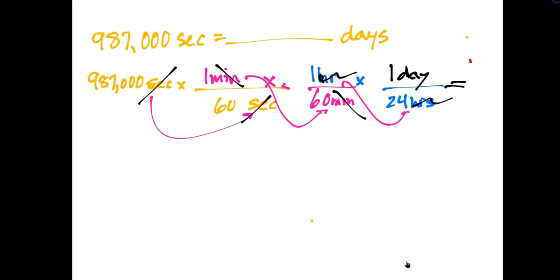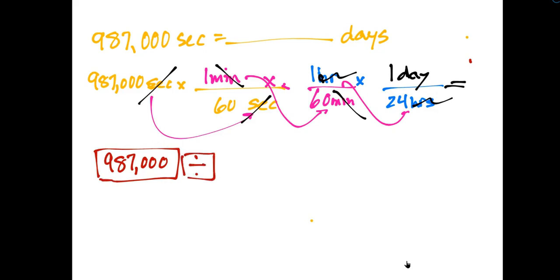Okay, you could take 987,000, divide by, this is where you need the quantity button. Okay, look for that guy. Do all of your math. 60 times 60 times 24, right?